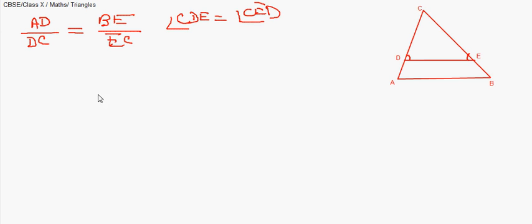We have to prove triangle CAB is isosceles. To do so, let us understand what we need to prove this to be isosceles. If we can prove these two angles equal, so we can take AC equals BC.